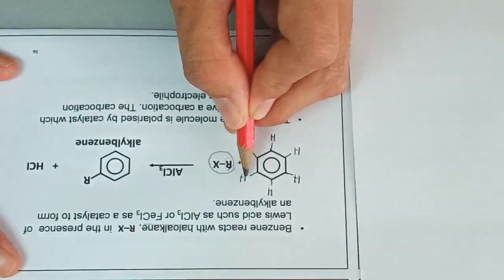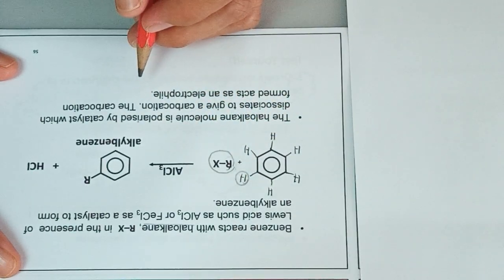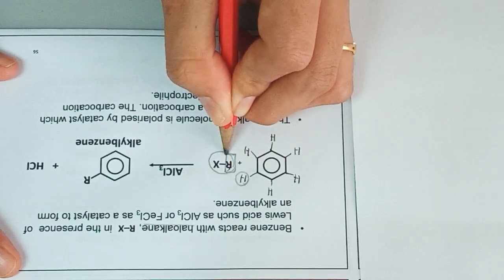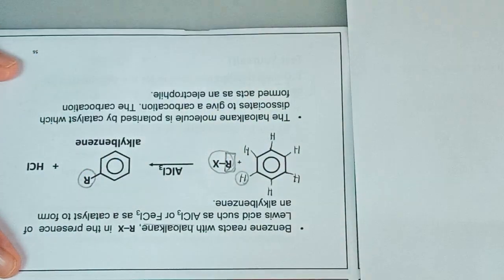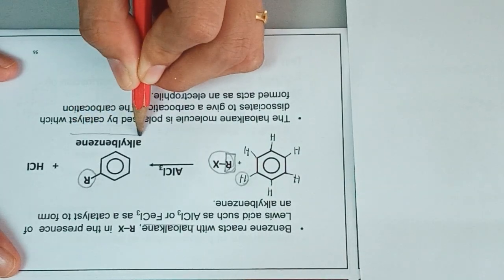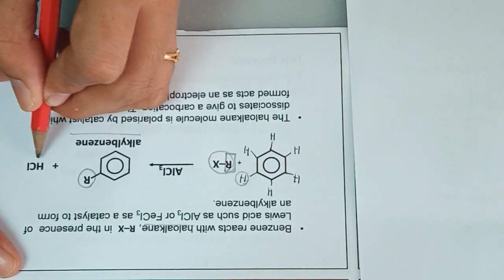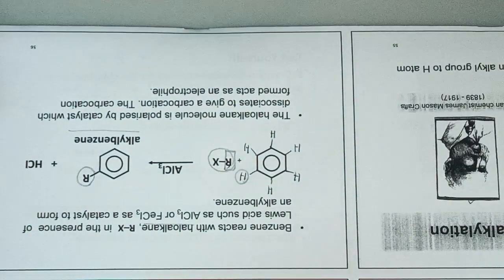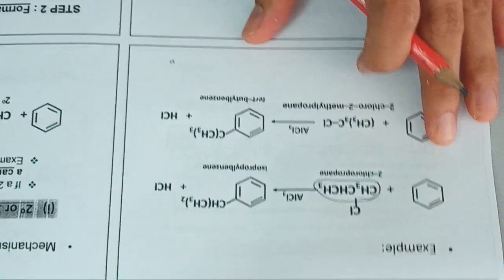You can see one of the hydrogens from this benzene ring will be substituted with the alkyl group, the R group from the haloalkane, to form the final product, alkyl benzene. In this reaction we also produce a side product, which is HCl. Let's see a few more examples before we continue to the mechanism.